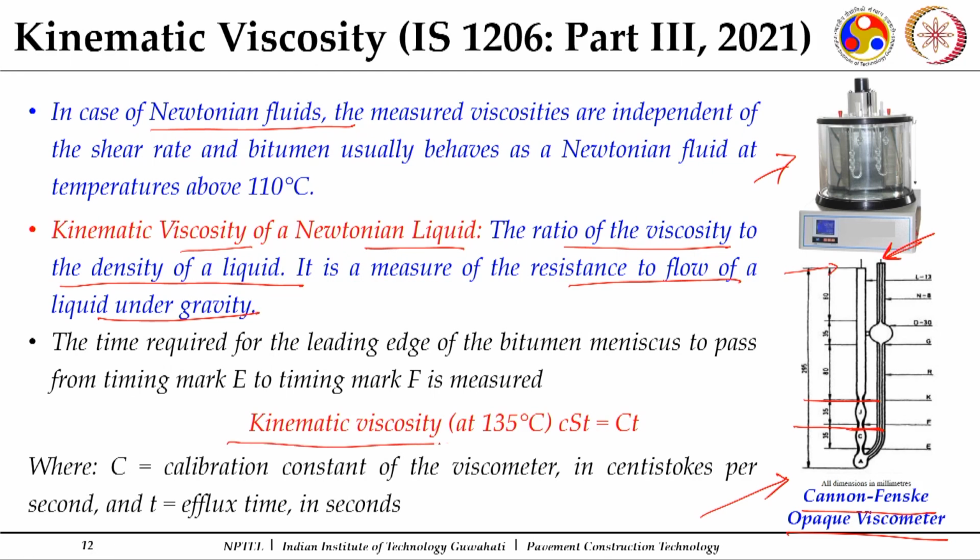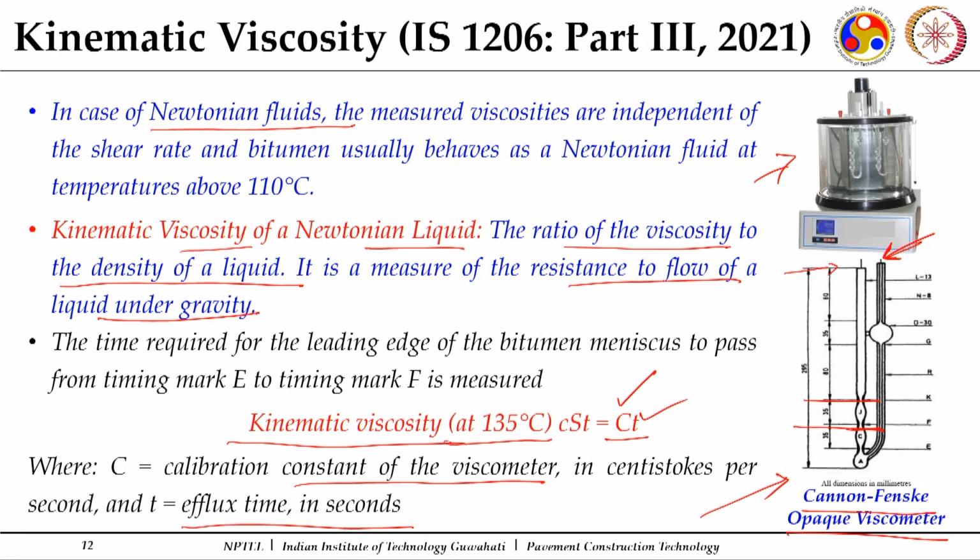The kinematic viscosity at 135 degrees centigrade, in units of centi-Stokes, is given by the calibration constant of the viscometer multiplied by the efflux time to move from one timing mark to the other.